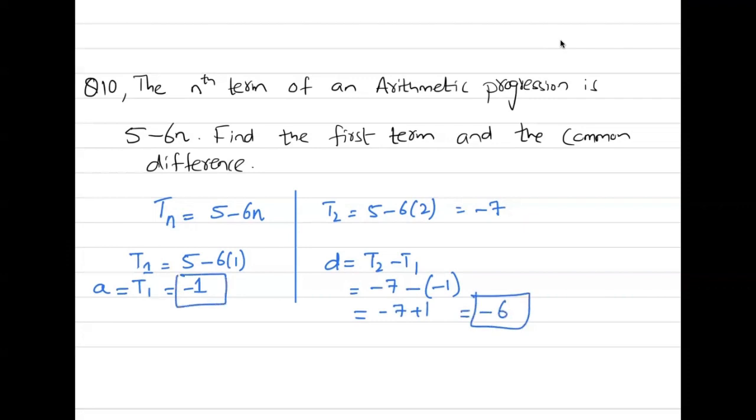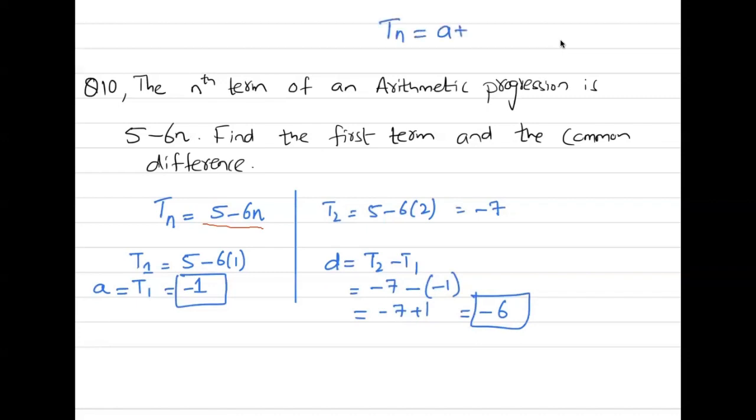Okay? I still didn't get it. Could you explain what this is again? Because I didn't understand it. Is this the replacement for the A plus n minus 1 D?